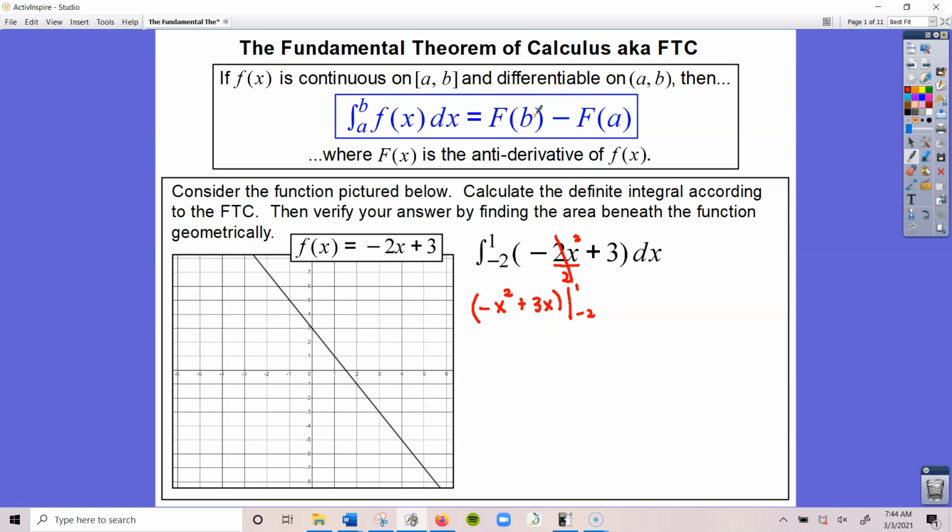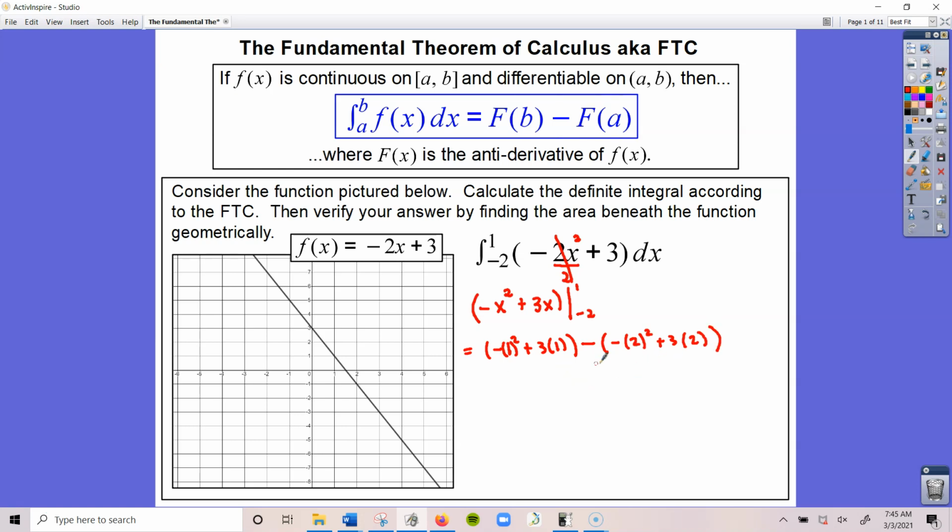Now we plug in b, which is the top number. So we plug in the 1, and we get negative 1 squared plus 3 times 1. And now we subtract when we plug in a, which is negative 2. So negative 2 squared plus 3 times 2.